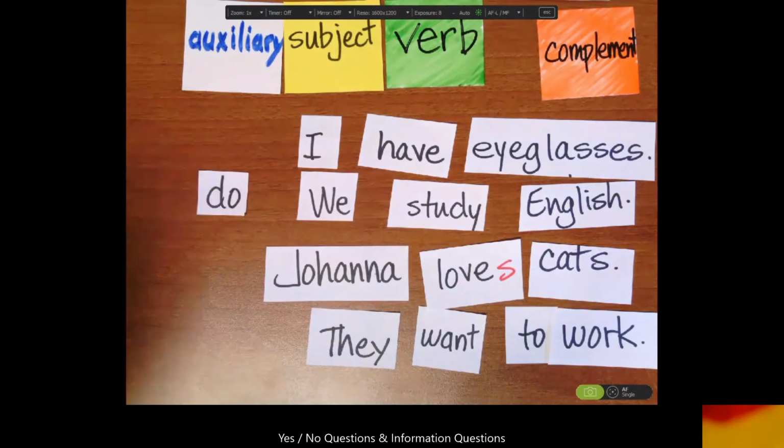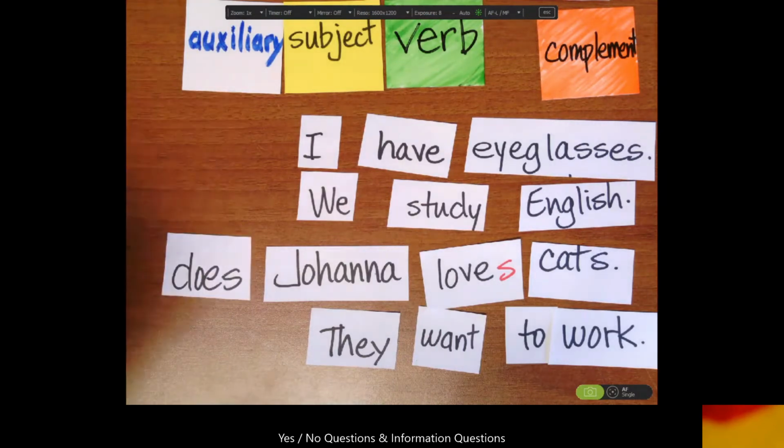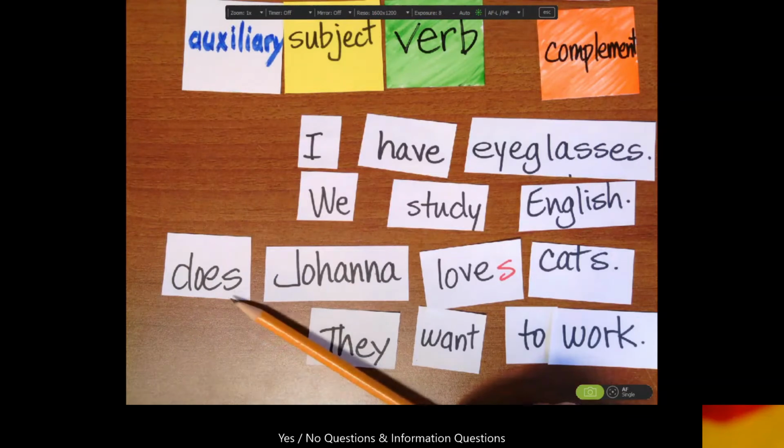Do we study English? Again, it is now a question. Now, do Johanna loves cats? Do does not conjugate correctly with Johanna, so we're going to have to use does. Does Johanna loves cats? Oops, we have two S's here. We can't have two S's that conjugate with Johanna. Does shows that it goes with a he, she, or it.